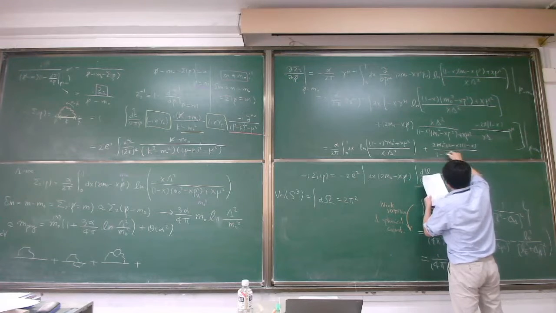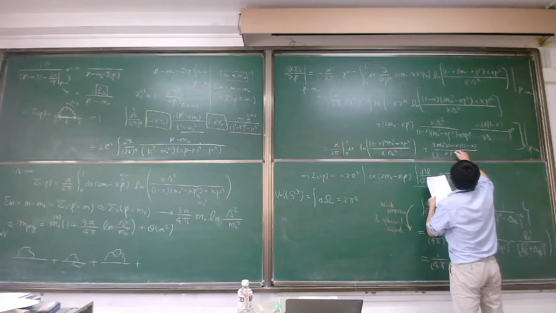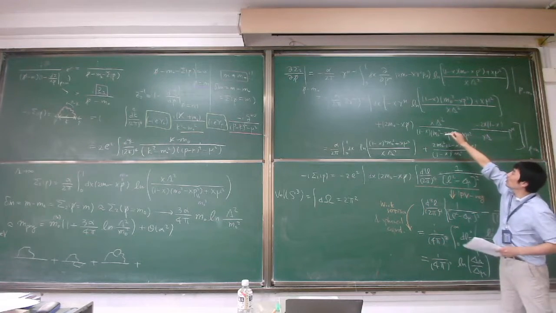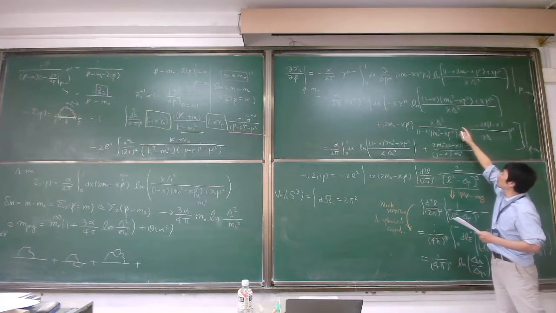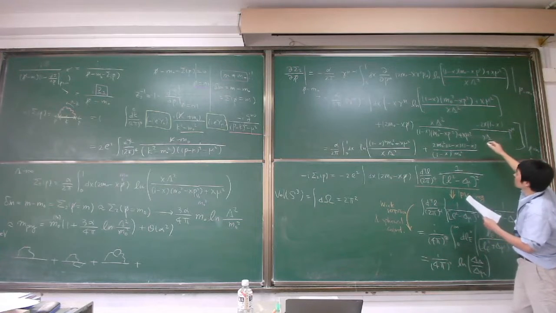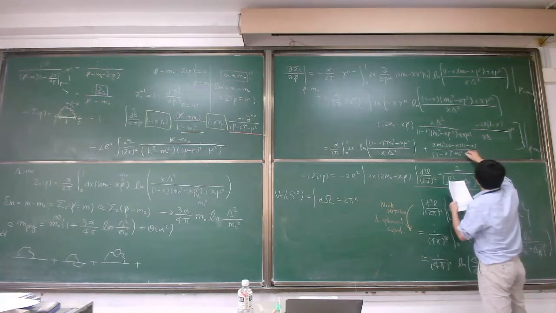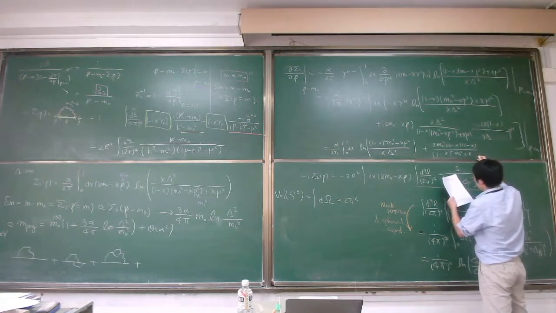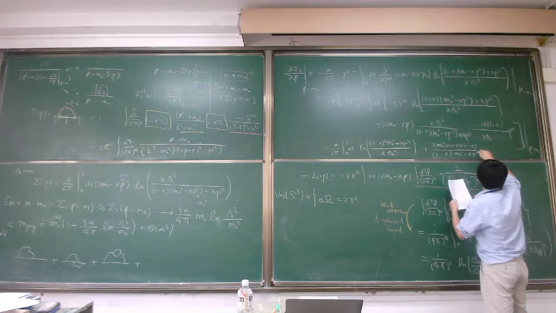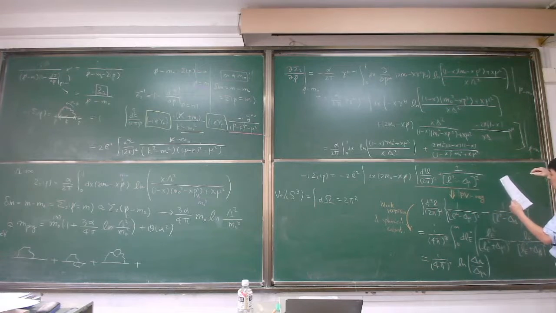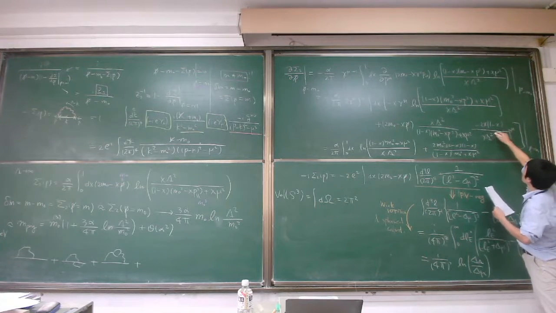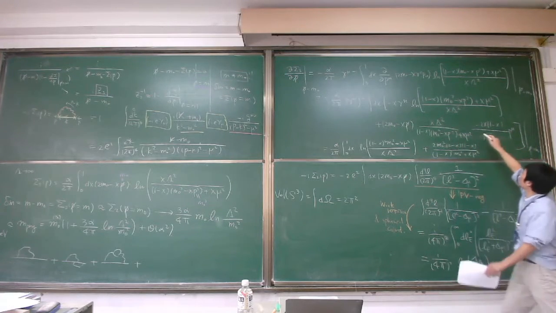Minus x square m0 square. So this is really coming from here. And 1 minus x square is the p square, equal to m0 square plus x mu square. And I'm very sorry, I think lambda square is missing. So as you can easily see, this term cancels with this term.